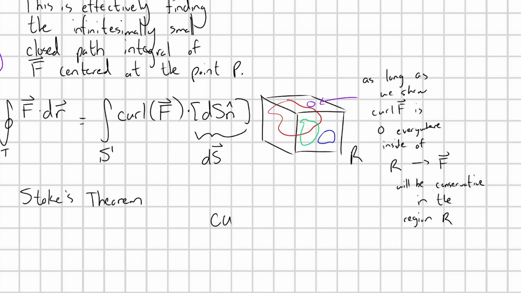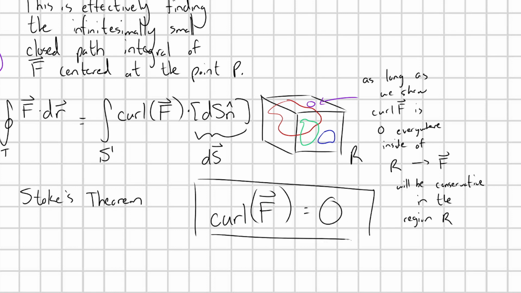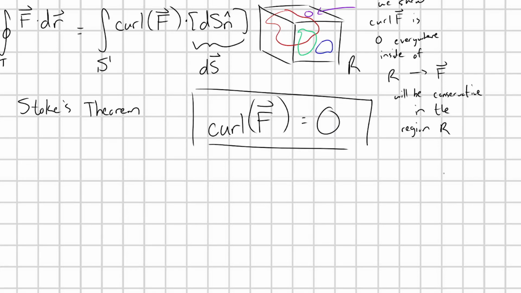Okay, so all that you've got to do is show that the curl of your field F is equal to 0 everywhere in the region that you're interested in, and then you'll know F is conservative. And of course, you also have to know, let me also emphasize this last point: F cannot be a function of time.